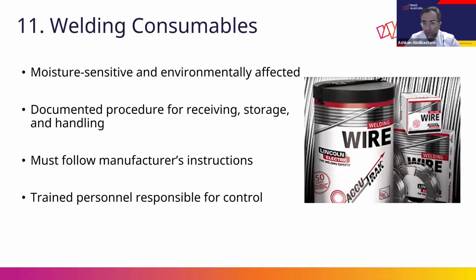So if the product is pressure piping or a pressure vessel, yes, the WPS needs to comply with the requirements of Section 9 of ASME. That's for the qualification of welding procedures and personnel, welders. But if the product standard is structural steels, yes, the WPS needs to comply with AWS D1.1. That's the American standard for steel structures. So the answer is about what your product is and what your product scope is.